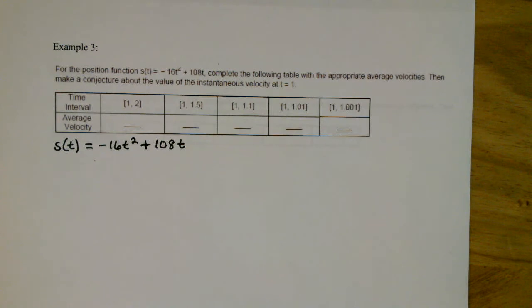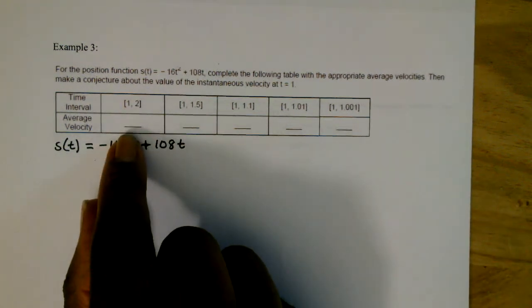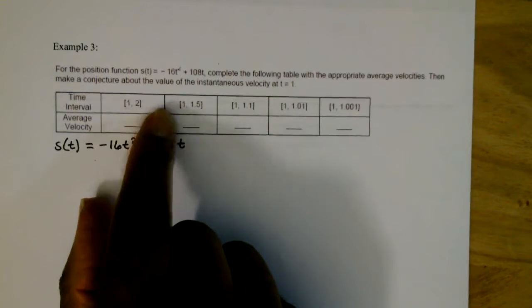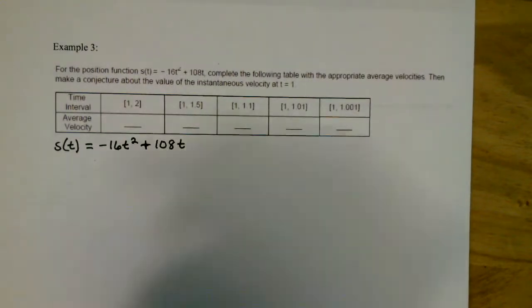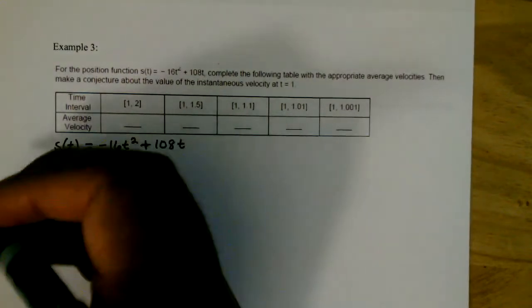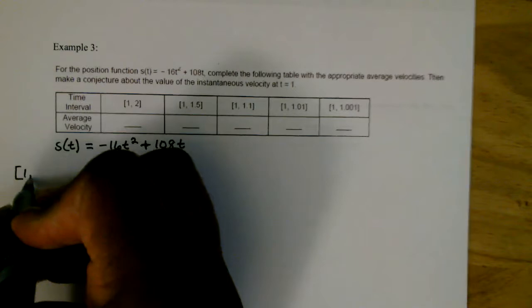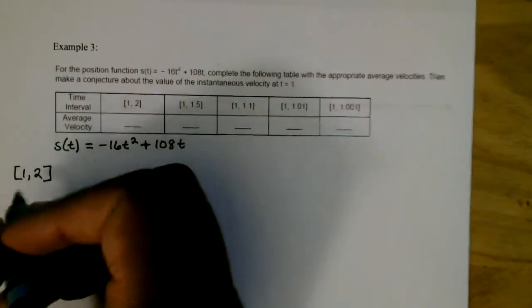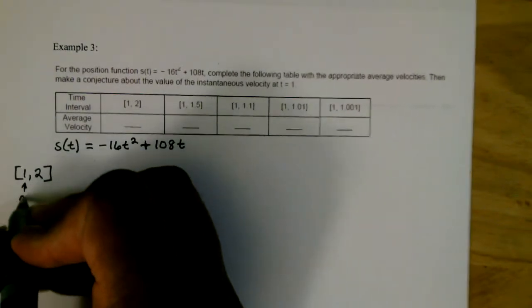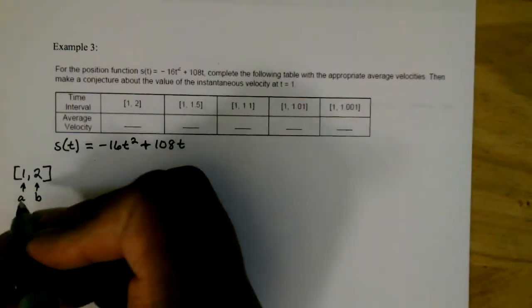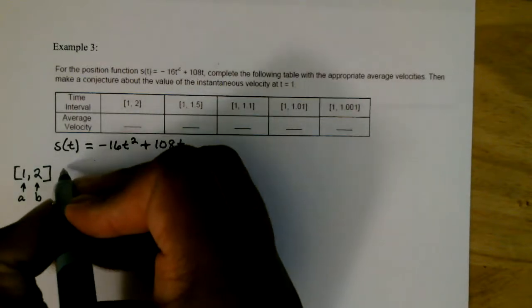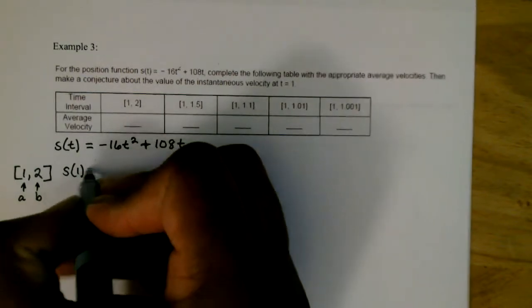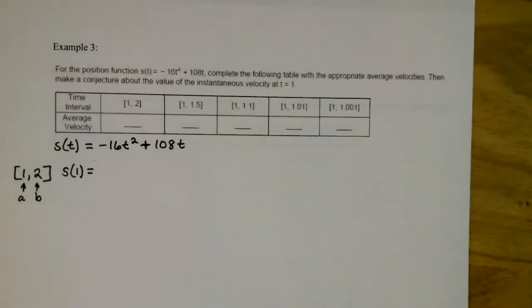All right, so let's find out what this average velocity is for the interval 1, 2. In this case, your A is going to be 1 and B will be 2. So let's start with S of 1. Find out what that's equal to by substituting t with the 1.